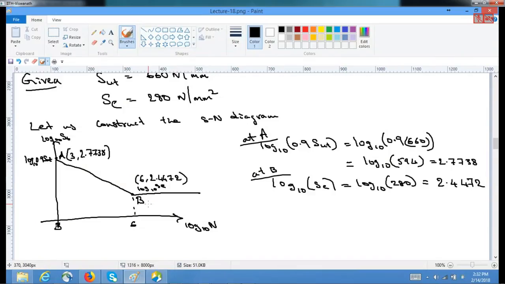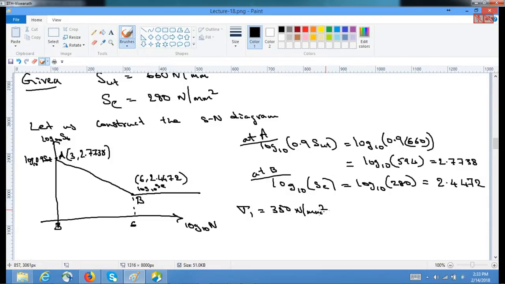Now we know that we are operating the things at first level is 350 Newton per mm square.